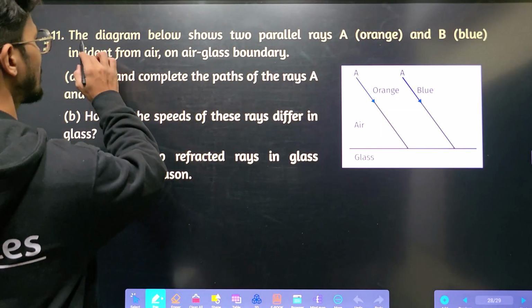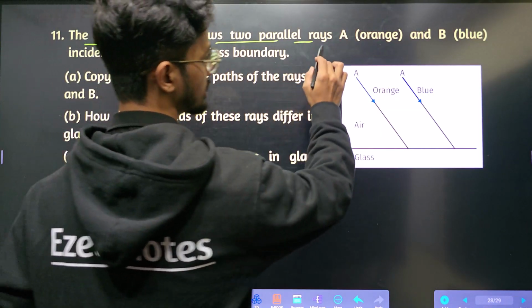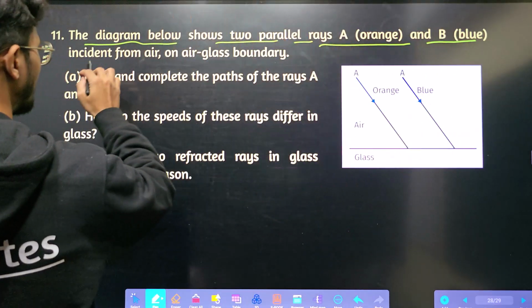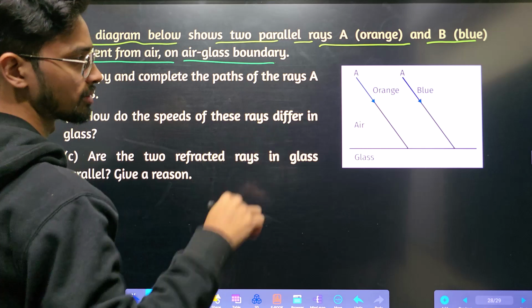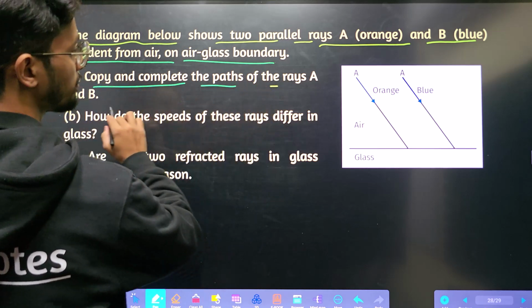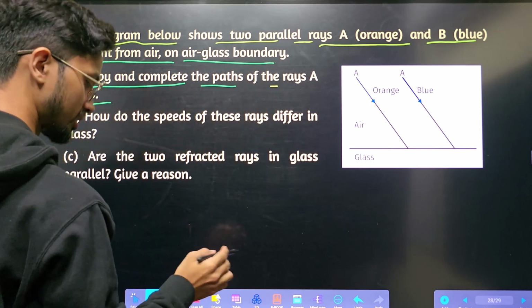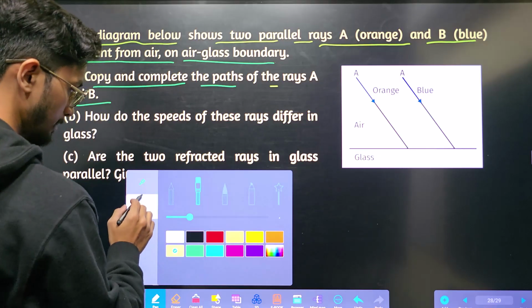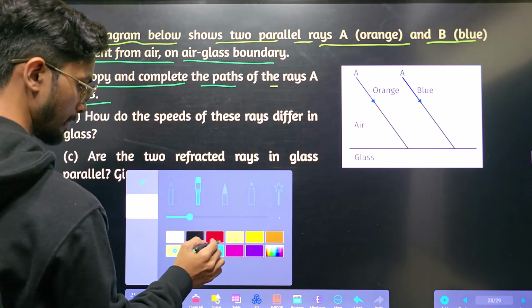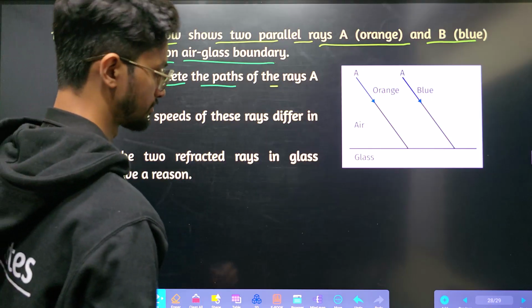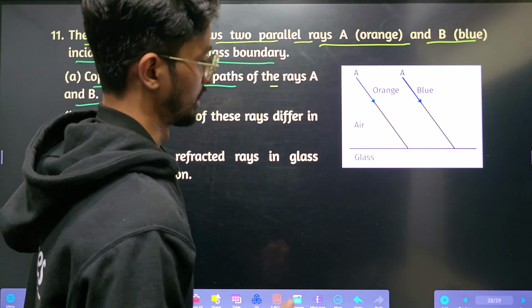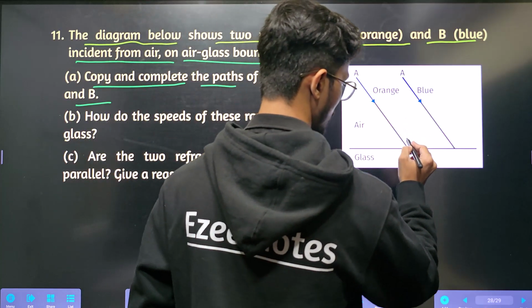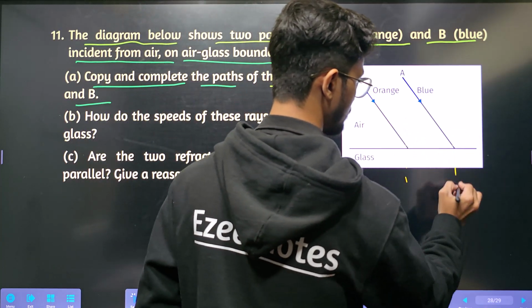Next, the diagram below shows two parallel rays A and B incident from air on the air-glass boundary. Copy and complete the paths of rays A and B. Let us complete the paths of A and B. A is orange and B is blue.